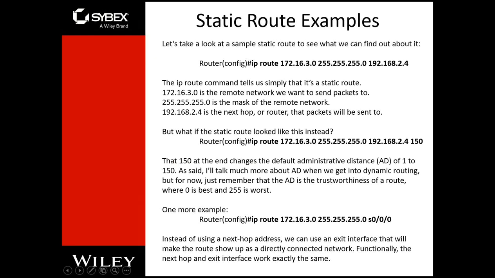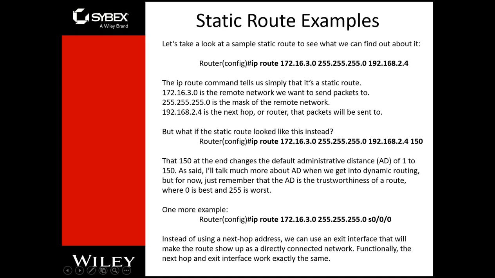So here's an example of a static route command, IP route 172.16.3.0, which is our network ID, followed by the subnet mask for that network ID. And then this is the exit or the next hop IP address, so that's the address of the next router over.